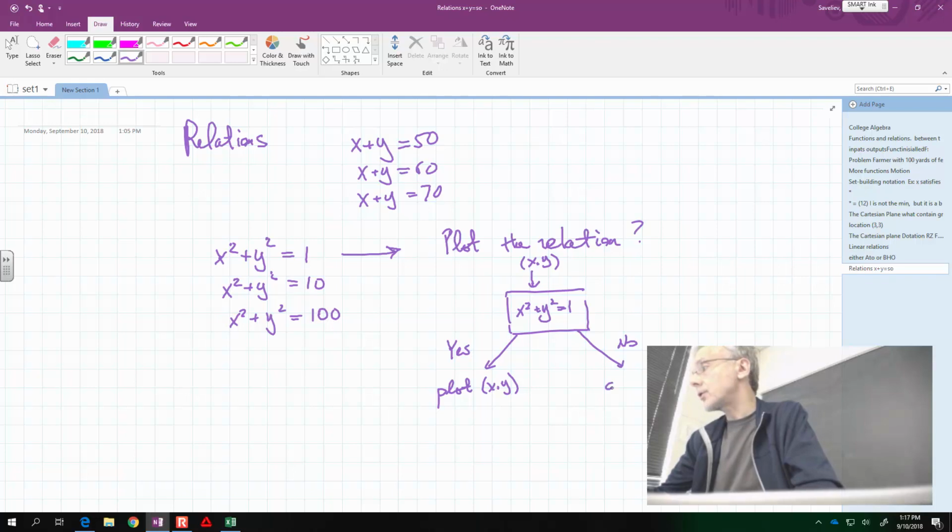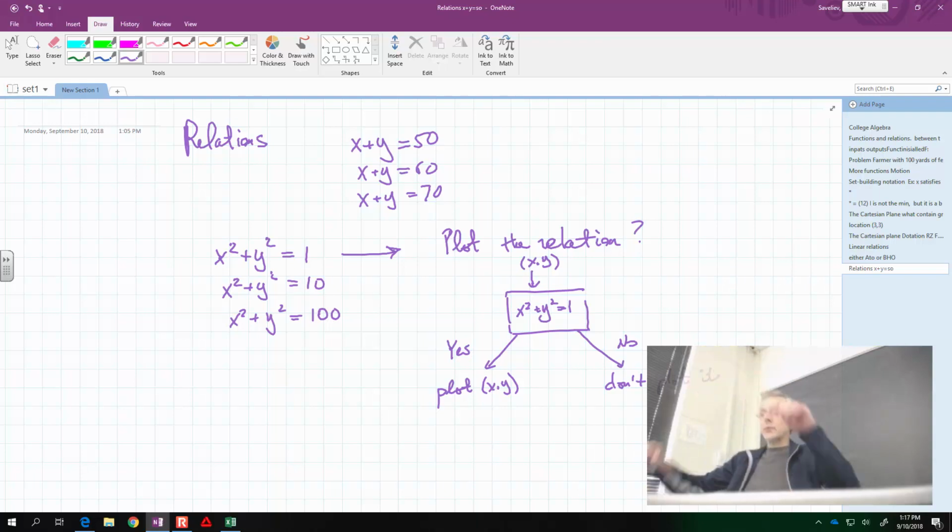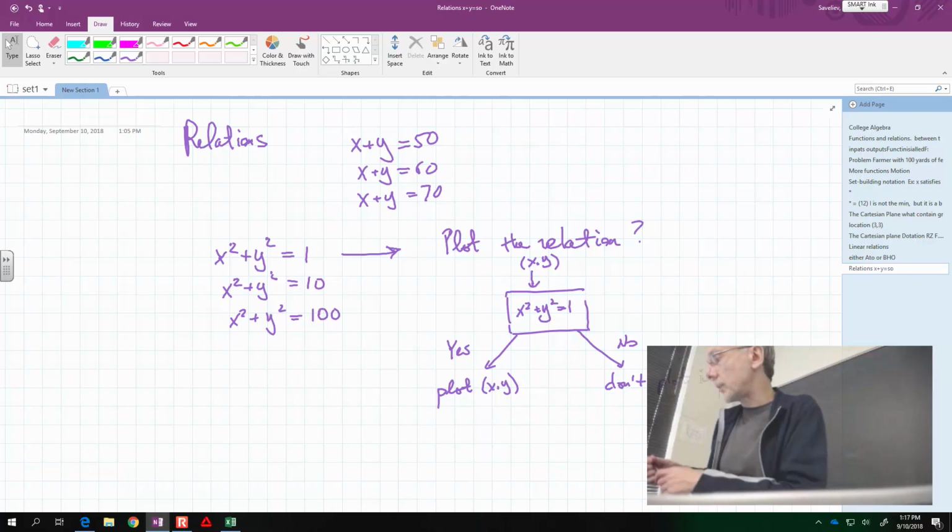If the answer is no, don't plot. So you have to go like this, on and on until every point is covered, and then some of the points will be plotted, and some will not.